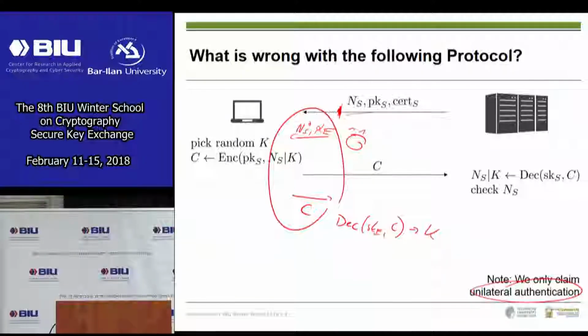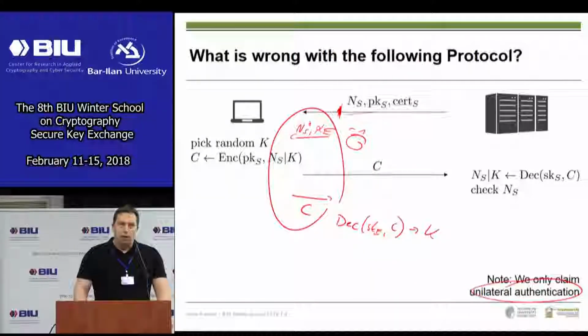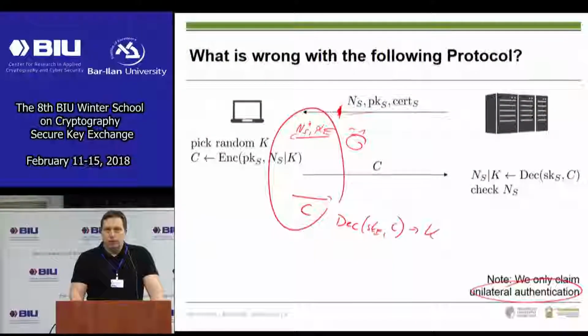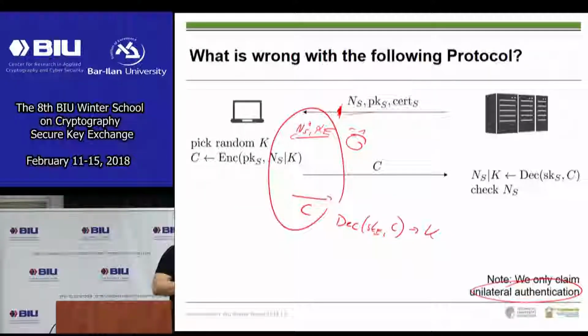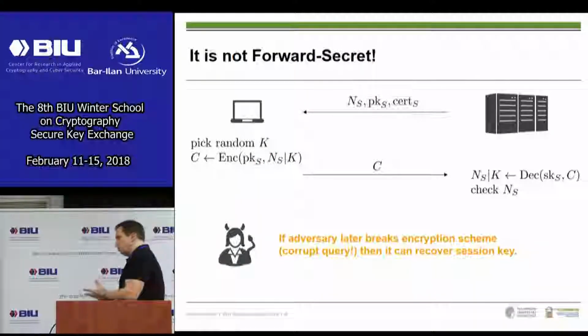Because this would mean that, again, I'm recording the entire communication of the world, storing it somewhere in my desert, and then 10 years from now, I'm going to use my quantum computer to break all the RSA keys. Then I can just go through my files and decrypt all the communication there, all the session keys, and once I have the session keys, I can actually decrypt the actual payload.